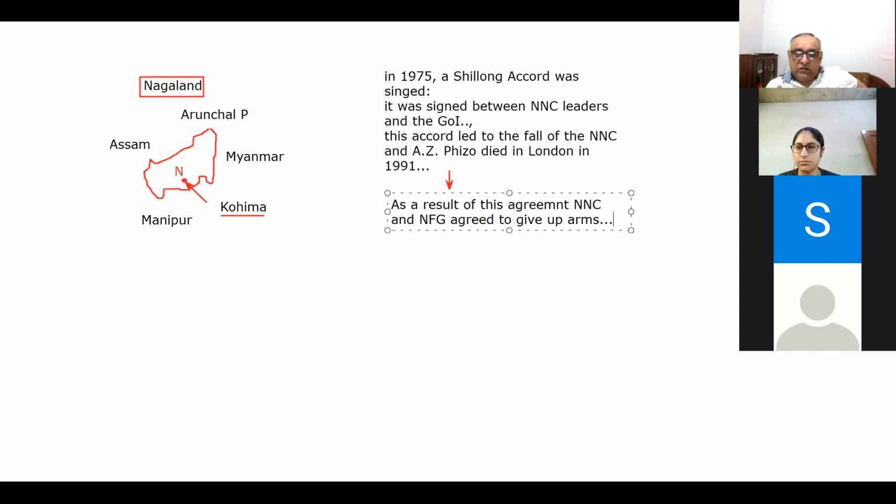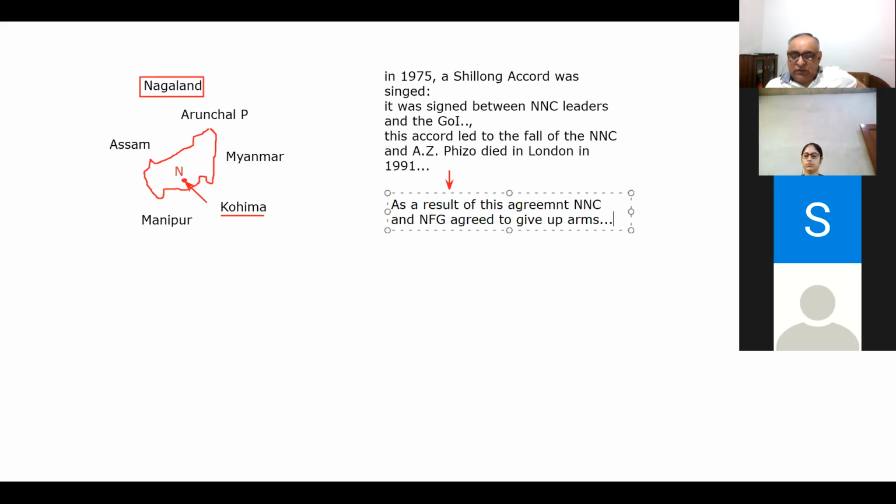Because they were leading a movement of the Nagas for approximately 3 decades, and the Naga people supported them to fight the war. And ultimately they sat in Shillong with the representatives of the government of India, and nobody knew what negotiation took place there.